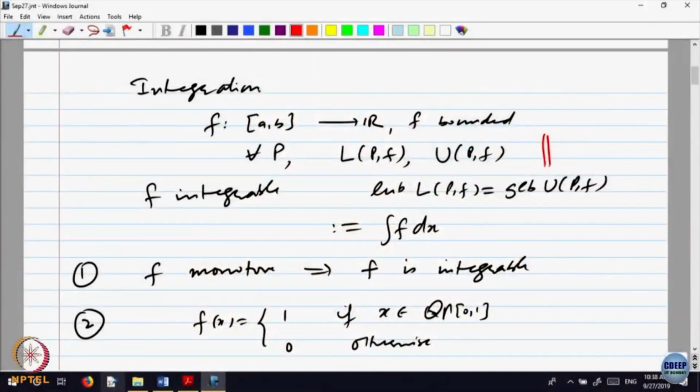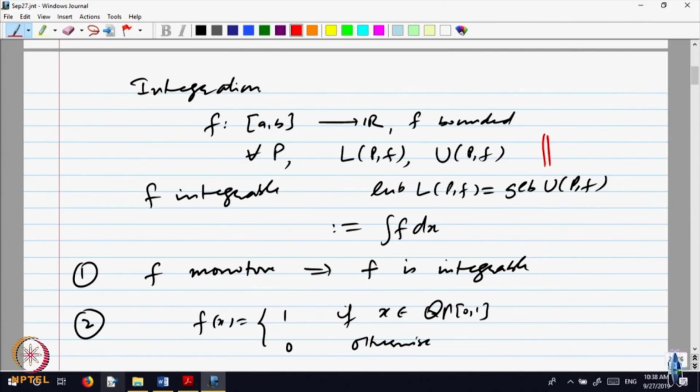Okay, right. So basically we have tried to define the integral. Let me just go back and look at how we looked at integration via upper sums and lower sums, right? There is another way of defining this integral.